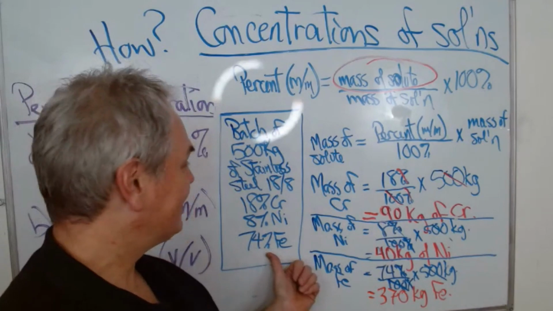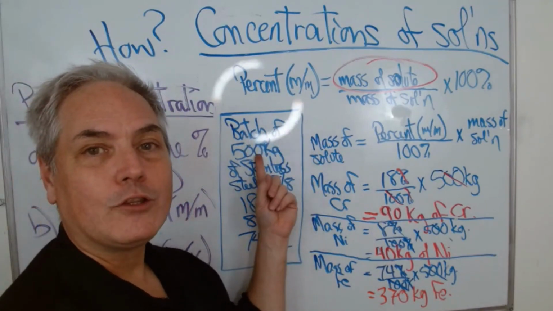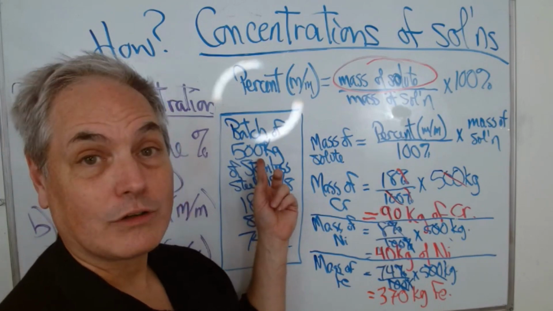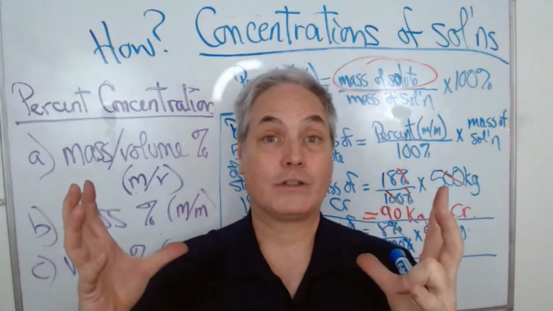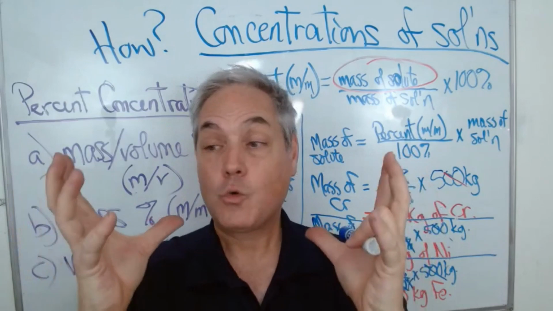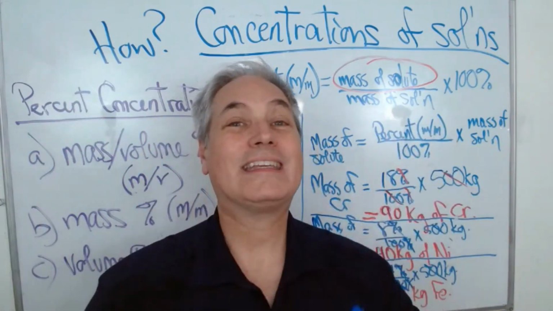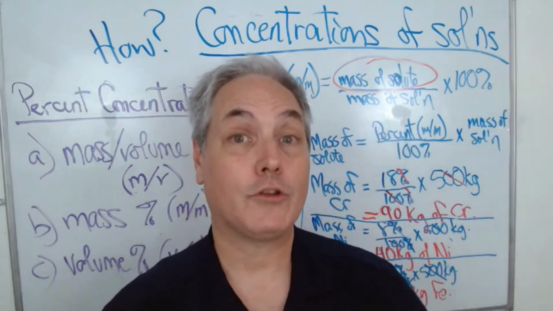Now, on top of this, they're saying that we want to create a batch that is weighing 500 kilograms. That means that if you have 500 kilograms of an alloy, within that 500 kilograms, you have a certain amount of kilograms for each of the metals involved.